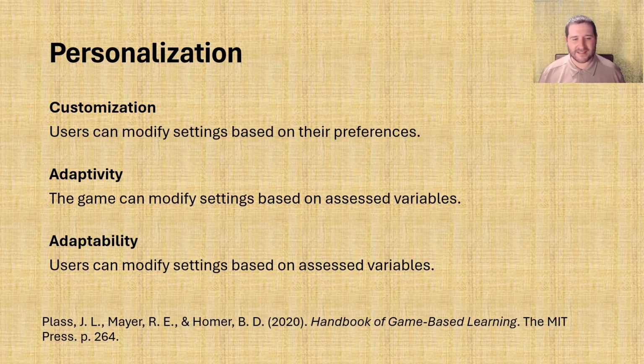This is things like, maybe at the end of the level, the game tells you what percent you got correct, and then you can adjust your difficulty based on that. Or something as simple as maybe you fail a level because of some failure condition, and the game stops and asks you, would you like to reduce the difficulty? That's adaptability in games.